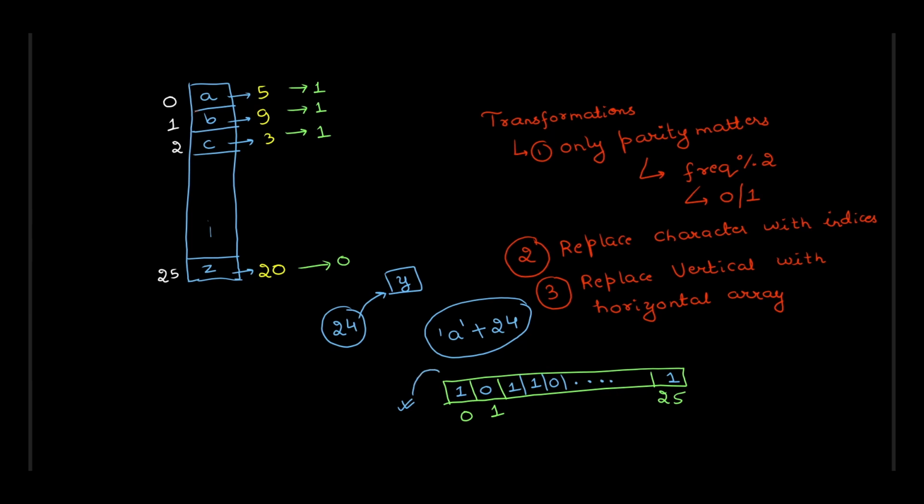So if this is a binary string, then it must also have a decimal value corresponding to this binary string. So the fourth, not really a transformation, but just a change in perspective, is that from the binary string, you compute the decimal value.